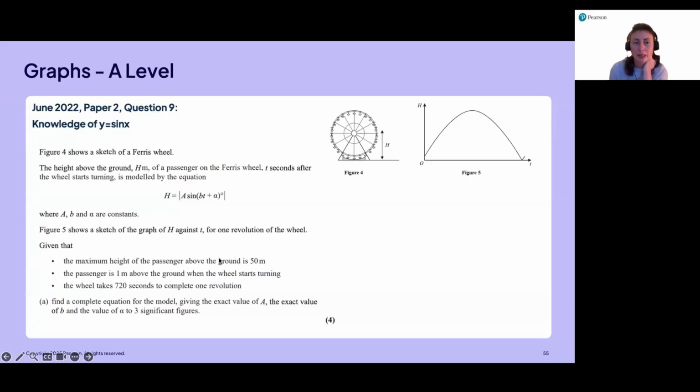And so remembering the things inside the bracket, that's going to be your horizontal transformations, and then anything outside will be your vertical transformation. So we're looking for a maximum height to be 50. Height is 1 meter above the ground when the wheel starts turning. And the wheel takes 720 seconds to complete 1 revolution.